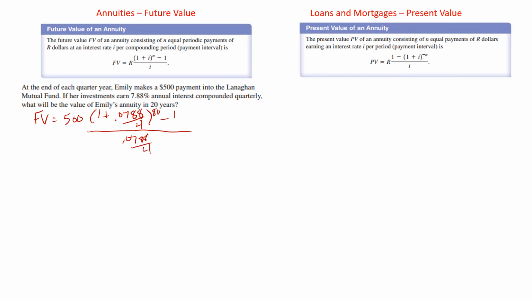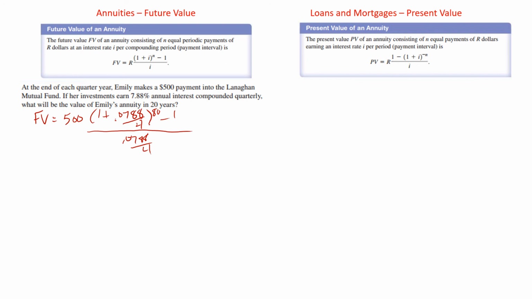Now this looks ugly, but it is just a calculator problem. 0.0788 divided by 4 is just a number. 1 plus that is a number, to the 80th power is a number, minus 1, number. Divide by 0.0788 over 4. Then multiply by 500.